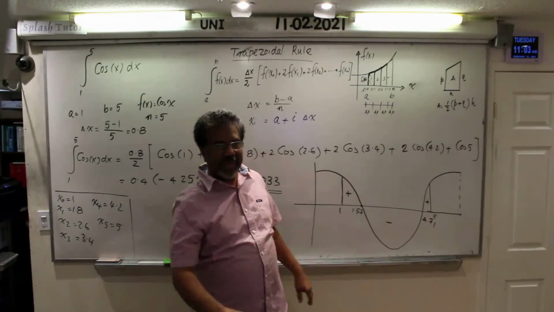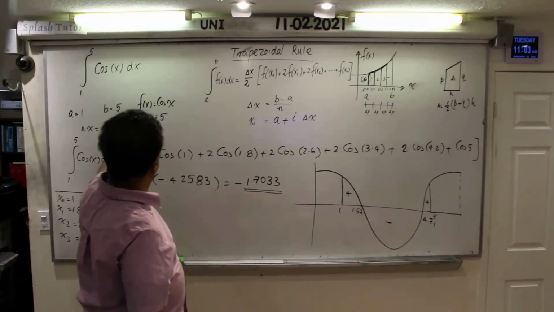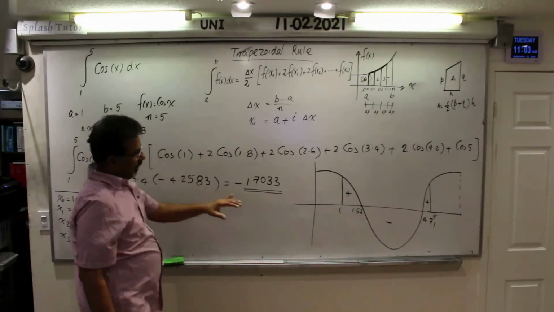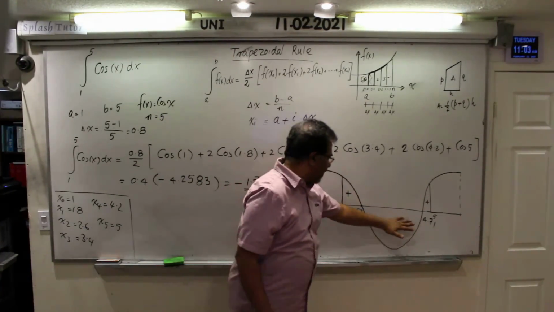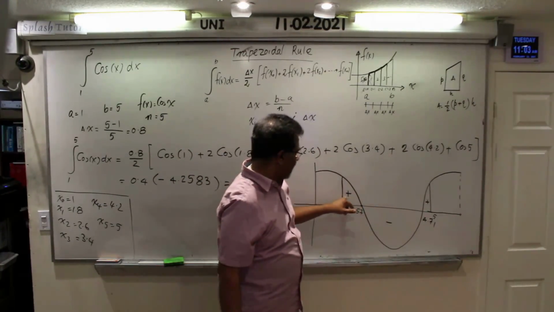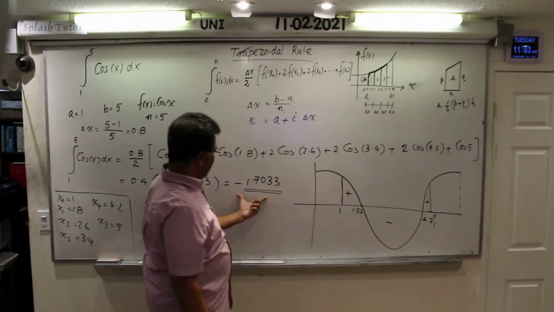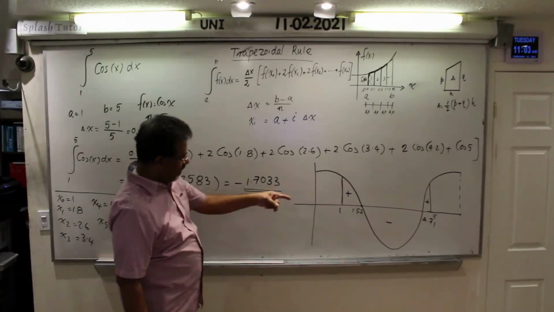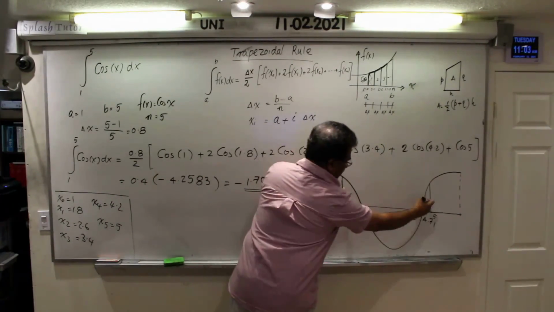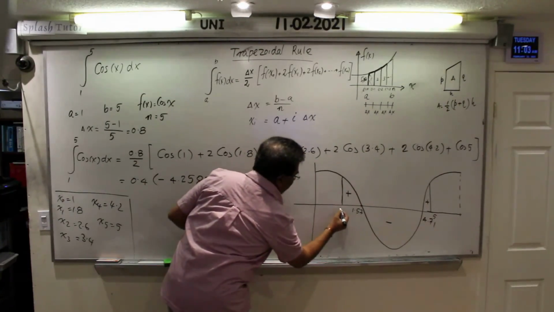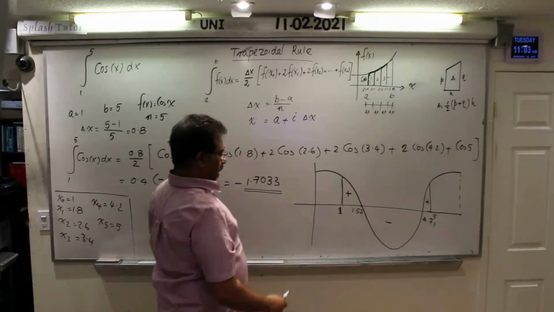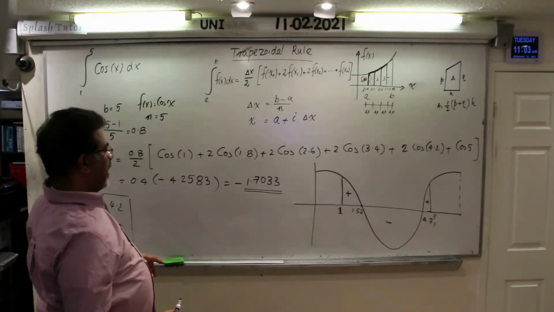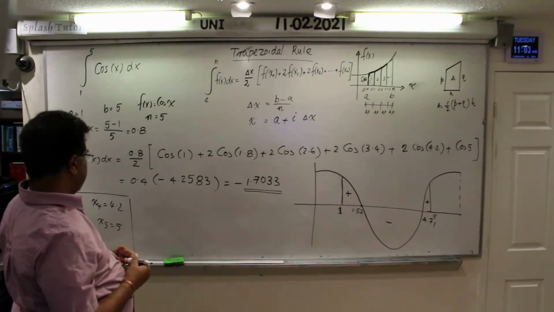Here you get probably 2.5 minus these two, so you get minus 1.703, because this is bigger than these two, because we are figuring out from 1 to 5. That's why we got a negative answer.